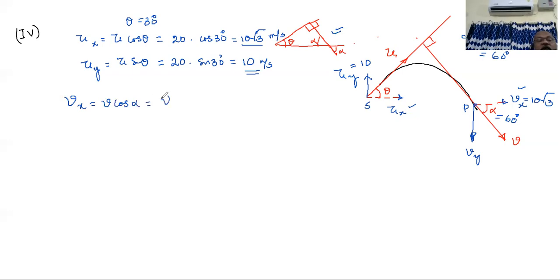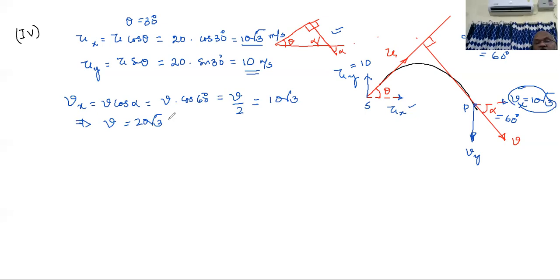That is V cos 60, and cos 60 equals 1 by 2, that is V by 2. And we already know that Vx equals 10 root 3, since Vx equals Ux. So we can put in that 10 root 3, from which immediately V will be apparent, V equals 20 root 3. Is it clear?